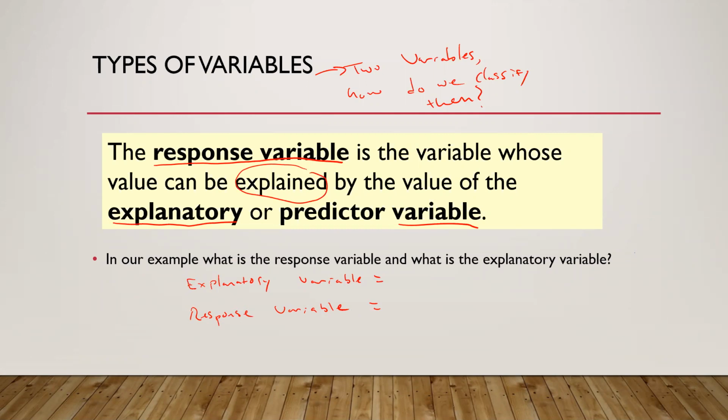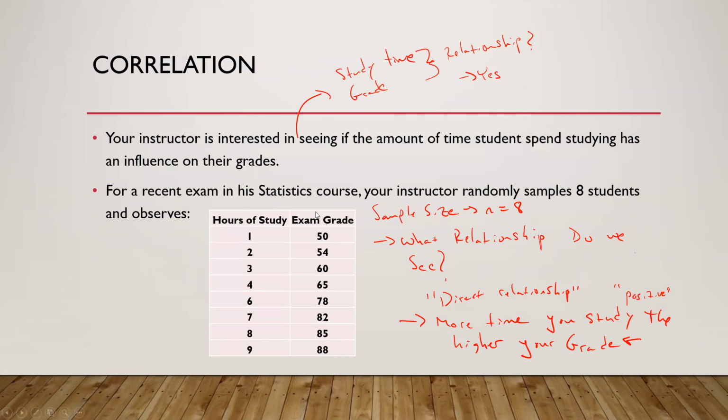All right, so the explanatory variable predicts or tells or explains this response variable. So just out of curiosity, you have two variables here, hours of study and exam score. Which one do you think explains the other? What I'm asking is this, do you think your exam grade explains the hours of study or your hours of study explain the exam score?